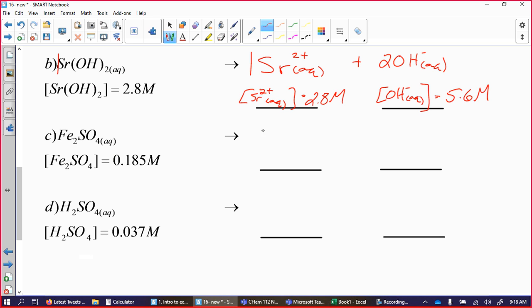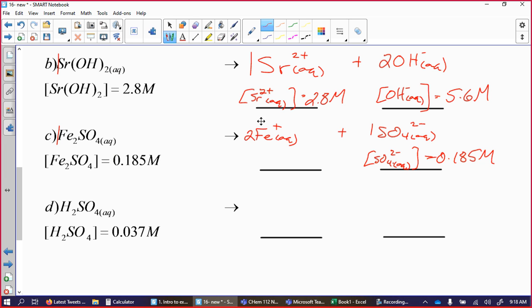Iron 1 sulfate. Interesting. We get 2 of those. If this concentration is 0.185, there's a 1, there's a 1. I'm going to do this one first. This one would be 0.185 moles per liter.